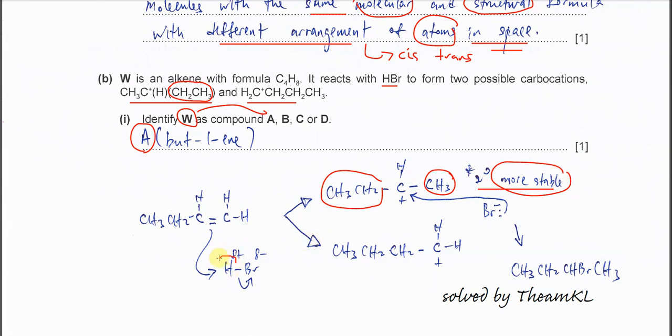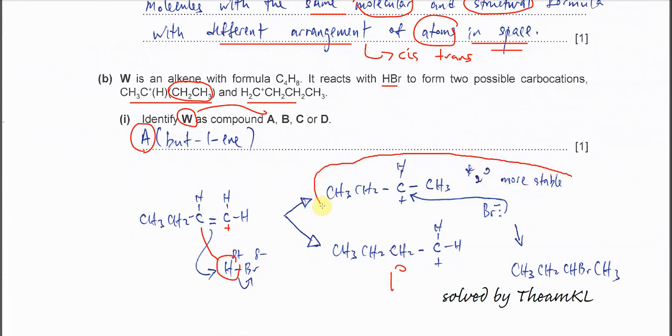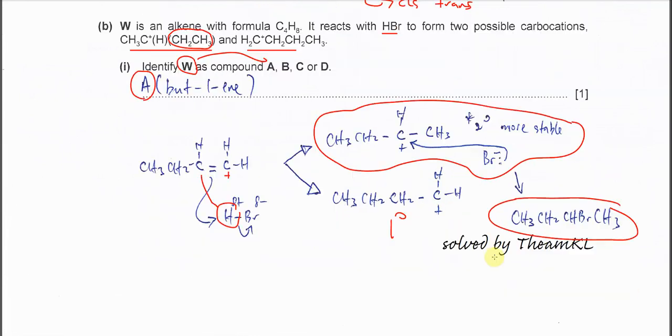If this hydrogen formed a bond with this carbon, then it would form this carbocation, meaning this carbon is positive. So this carbocation is primary. Primary is less stable. The major product always forms from the more stable carbocation. Since this carbocation is more stable, more of it will form, and it will produce more products. So it will form these products. This is the major product.